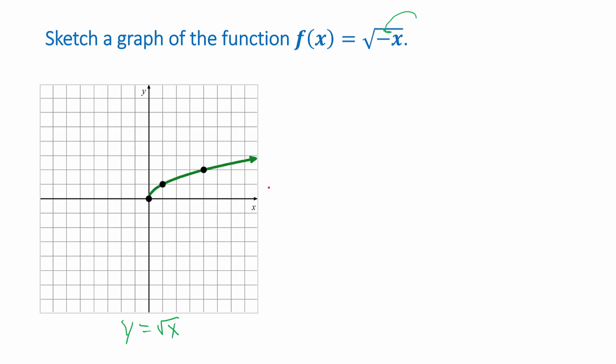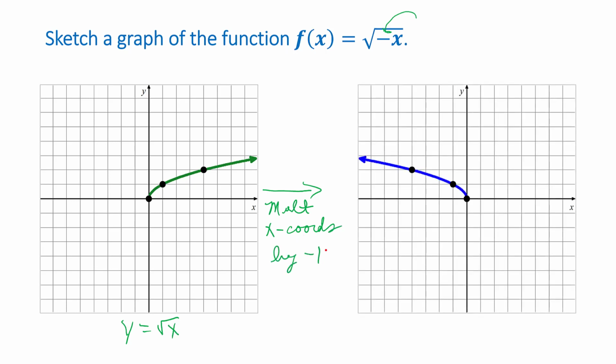So what we're going to do here is we're going to look at our original x coordinates of the points on the graph, and we're going to multiply the x coordinates by negative 1. So we end up with a graph that looks like so. For example, we took the point on our original graph 1, 1. We multiplied that x coordinate of 1 by negative 1 to give us a point negative 1, 1. And we have the graph y equals square root of negative x.